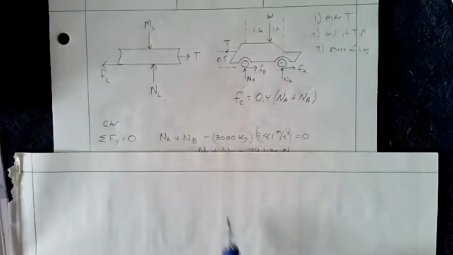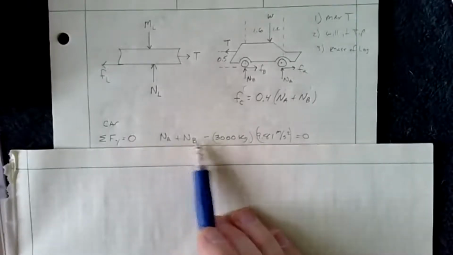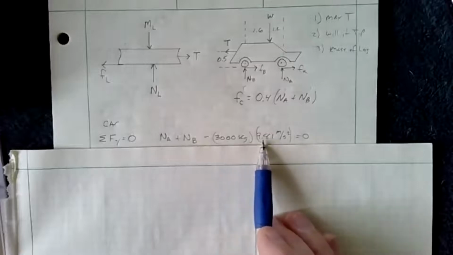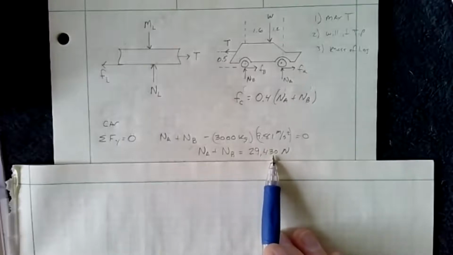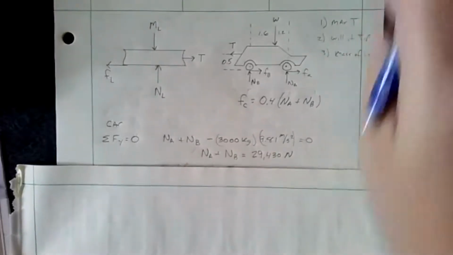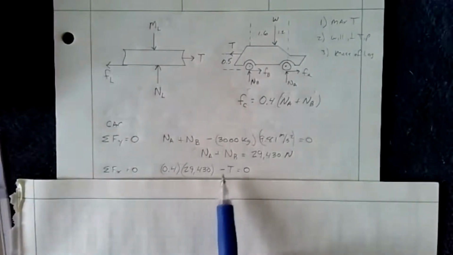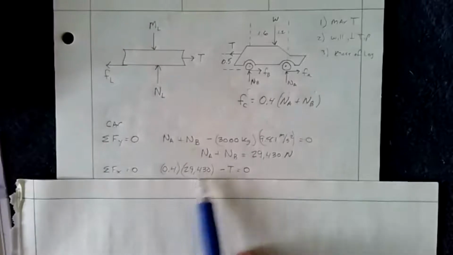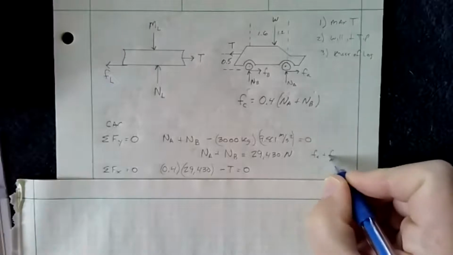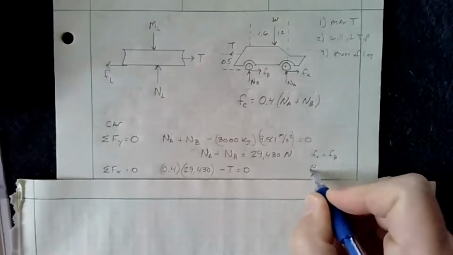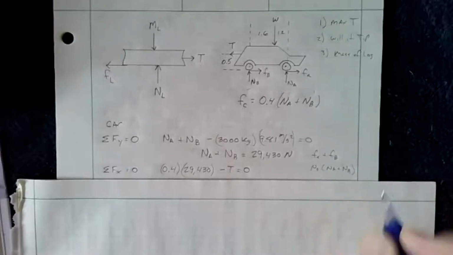So we know that if we sum the forces in the Y, we get the normal force A plus normal force B minus the weight, 3,000 times 9.81. So we know that that plus that is 29,430 newtons. Good so far. So let's go ahead and sum the forces in the X. If we do that, we know that the total friction is going to be FA plus FB, which is mu static times NA plus NB.